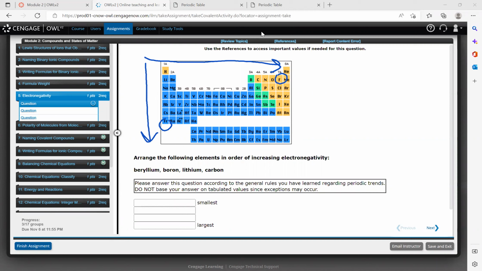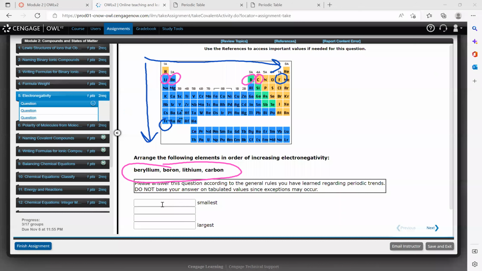And they give us the elements they want us to look at. They want us to look at beryllium first, which should be Be, so it's right here. Then we have boron, lithium, and carbon. This shows you the trend as we go across: electronegativity increases.